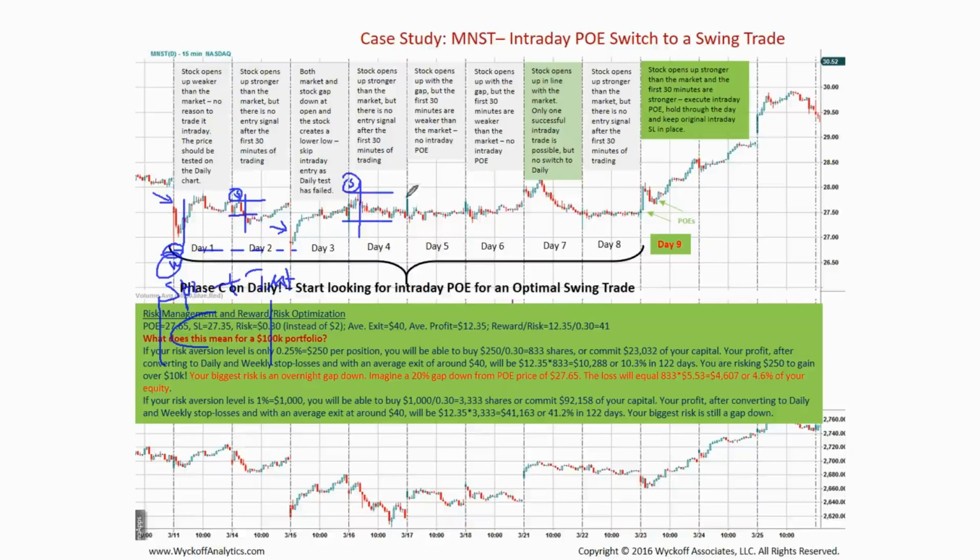Next day, we are gapping up and coming down really fast. The market gaps up and doesn't go down that fast, so we are weaker here, and therefore we don't want to participate. Next day, again, we're gapping up but quickly going down, whereas the market is holding the gap. So again, we are weaker and we don't want to participate.